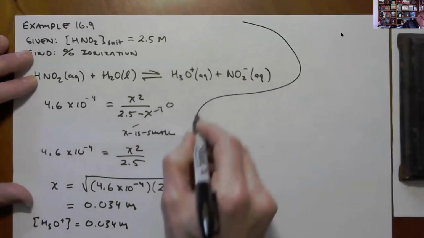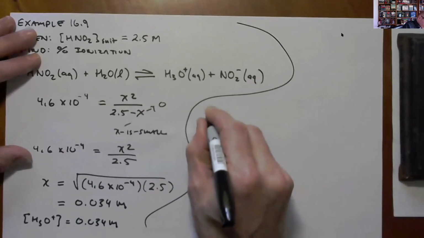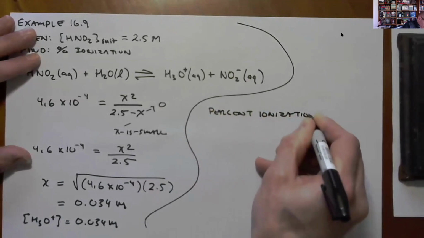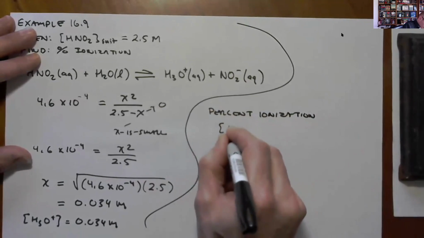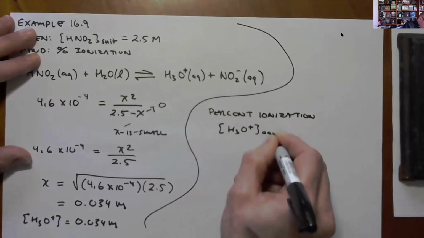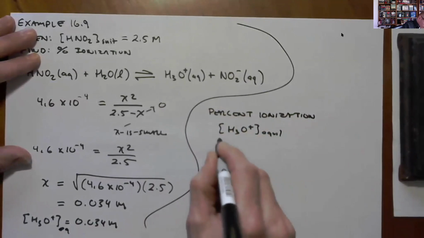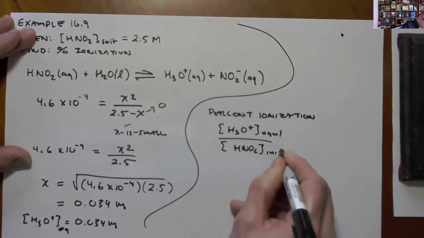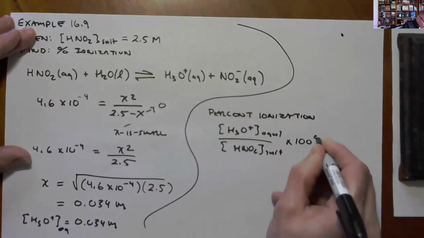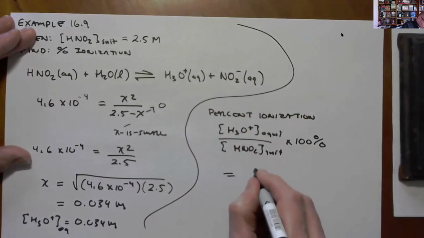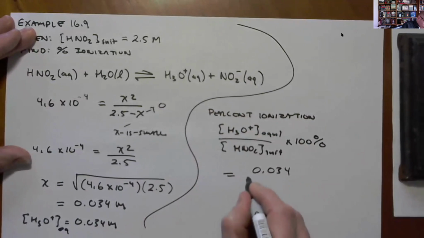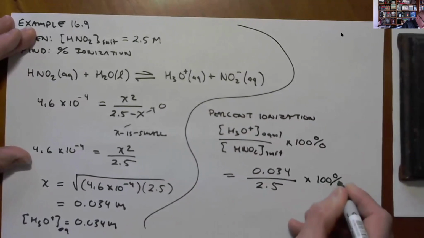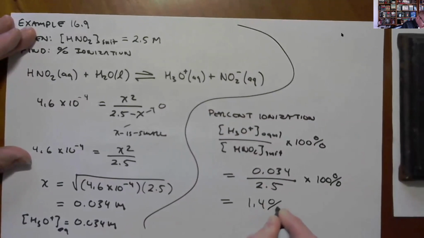And what then is the percent ionization? So again, that's the equilibrium value divided by HNO2 initial, and specifically this is equal to 0.034 divided by 2.5 times 100%, which is 1.4%.